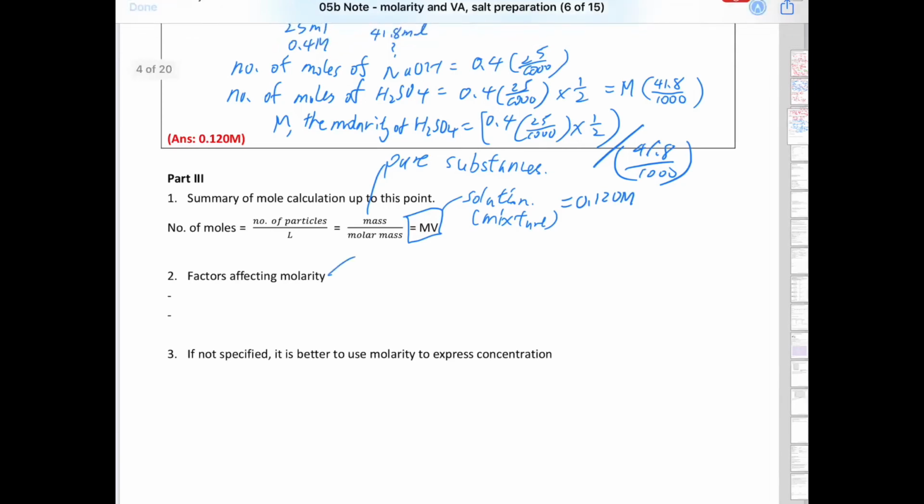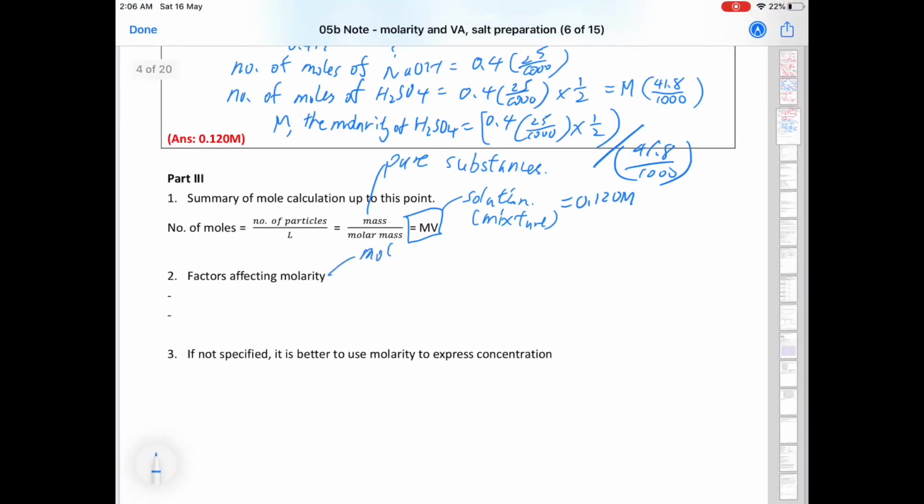Molarity equals number of moles of solid divided by volume of solution in dm cube. These are the two factors affecting molarity. The more the number of moles of solid, the higher the molarity, or the smaller the volume of the final solution, the higher the molarity.